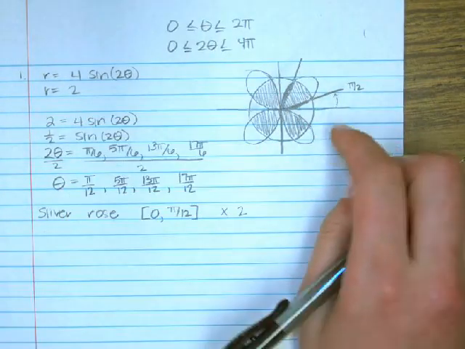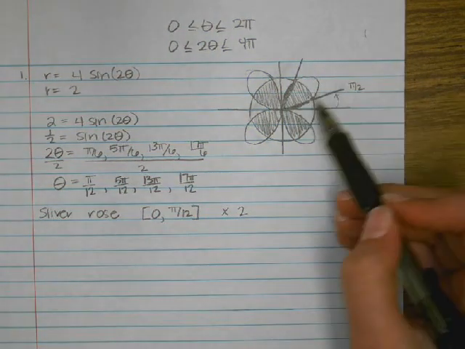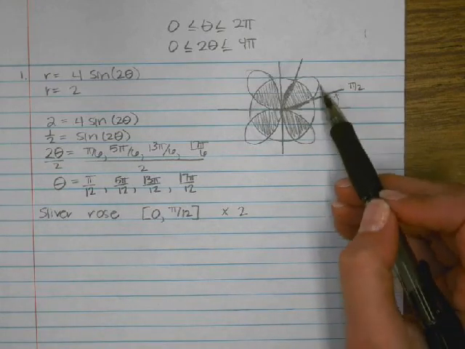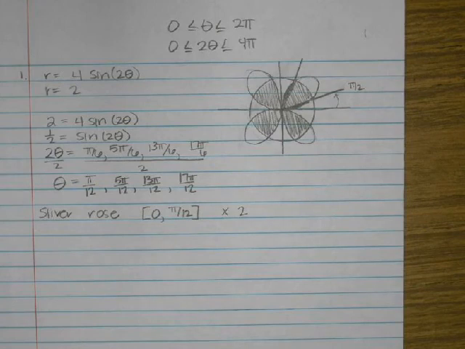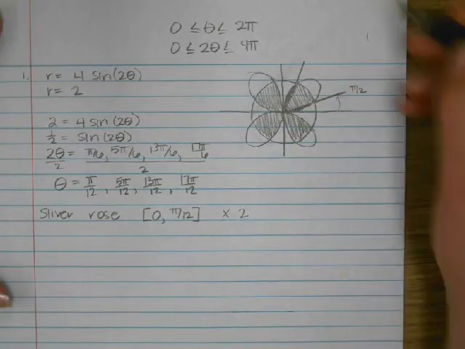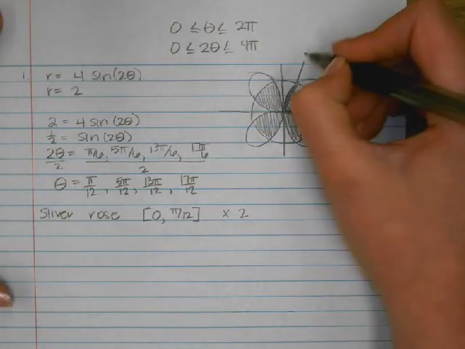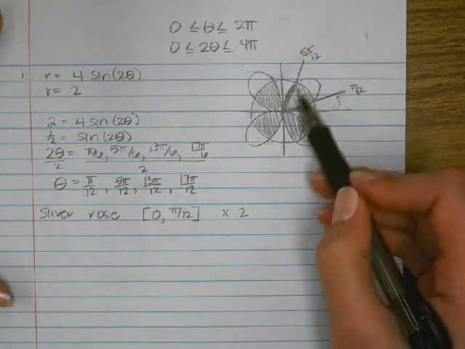Now I have this piece of pie here, and we do not want to use the petal for that because the petal goes all the way out here, and that's going to be a little bit of extra. So for this measurement from pi/12 to 5 pi/12, from here to here, we just want to use the circle because we just want this inner part.